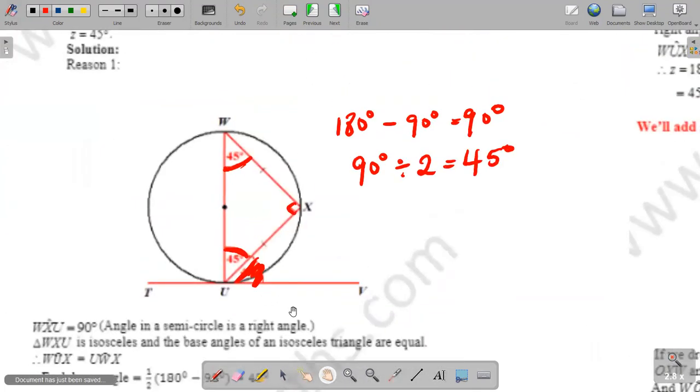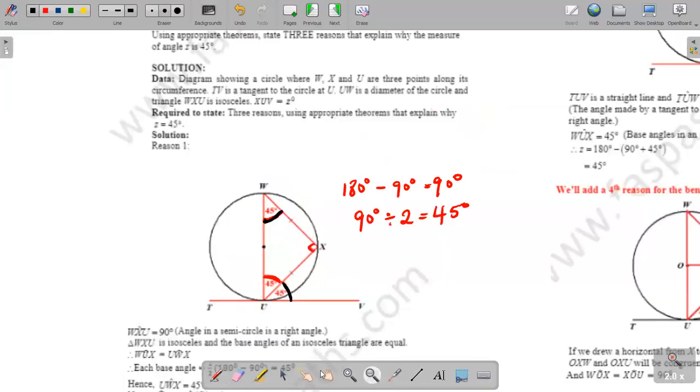Now, anybody see another rule that we could use? What about the internal and external opposite angles? Remember we said that? So if in here is 45, this is the external and this is the internal. So if the internal opposite is 45, the external is 45.